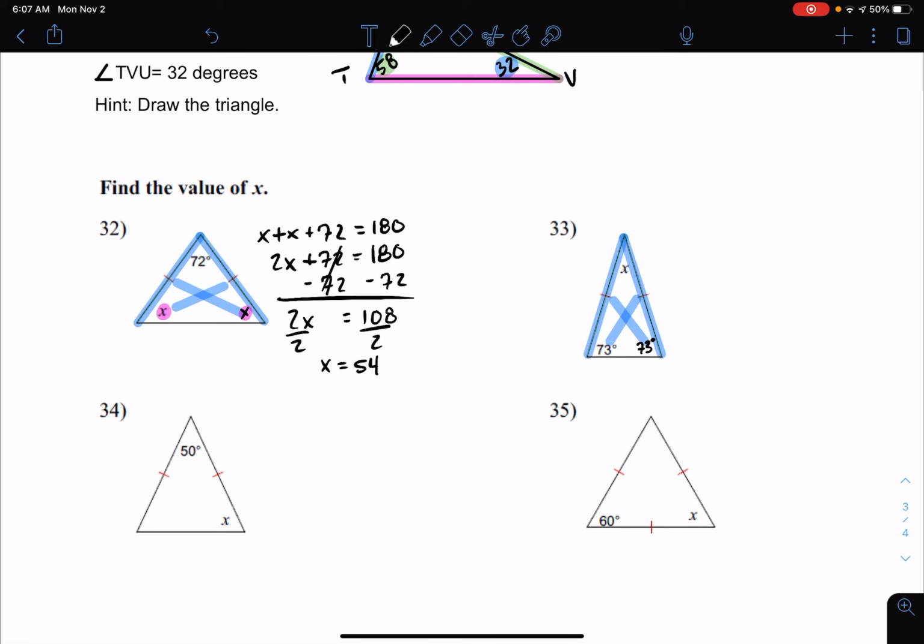And if that's the case, what do we know about all triangles? They add up to 180 degrees. So we have x plus 73 plus 73 equals 180. So you got x plus 146 equals 180. You're going to subtract 146 from both sides. And you're going to get x is equal to 34.